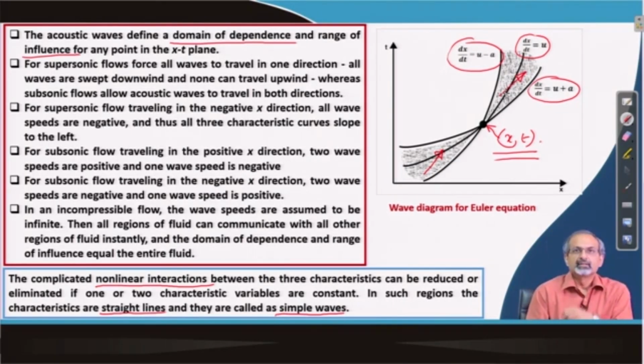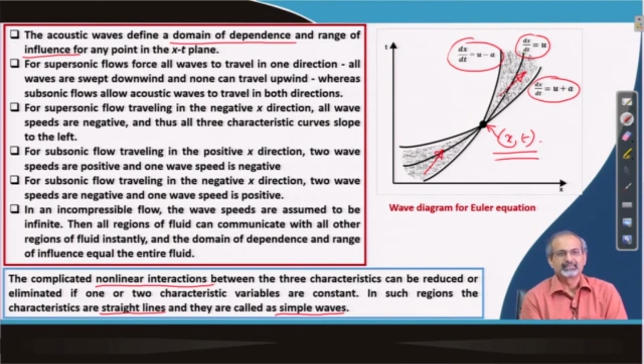Now, if you consider different kinds of flow speeds, that means you are now trying to define u and its direction. You can have the value of u being less than or greater than a, and again it is the direction of u, whether it is moving towards the positive x direction or negative x direction. Accordingly, the characteristic slopes will be decided.